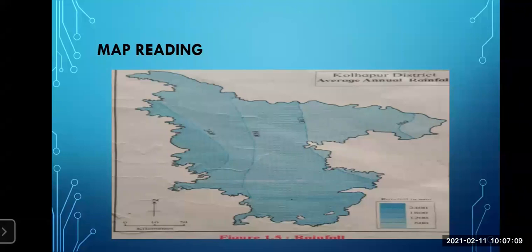Now here you can see the arrow is given. What is the title of the map? The title of the map is Kolhapur district average annual rainfall. Here the arrow is given, which shows you the north direction of this particular Kolhapur district. Now how to find east and west? Always remember one technique: the sun rises in the east.